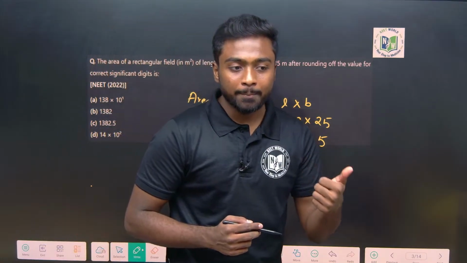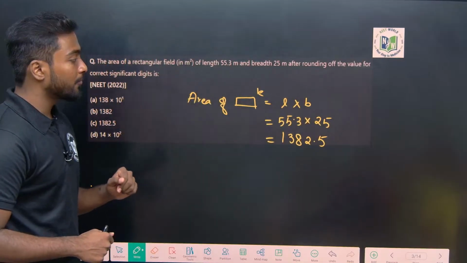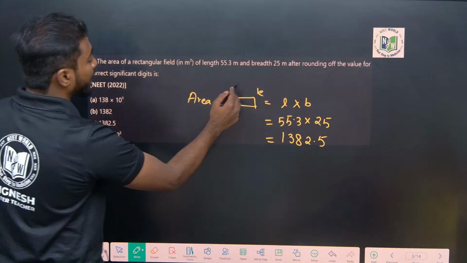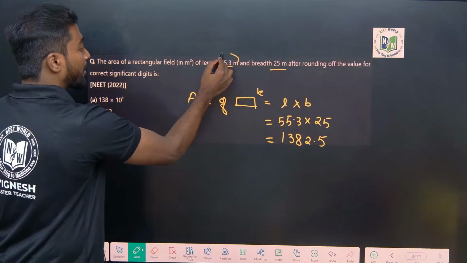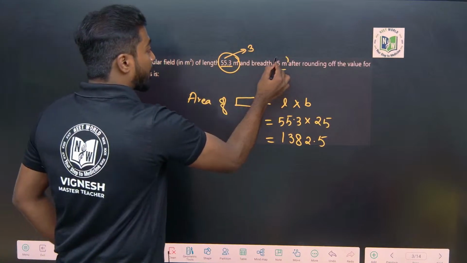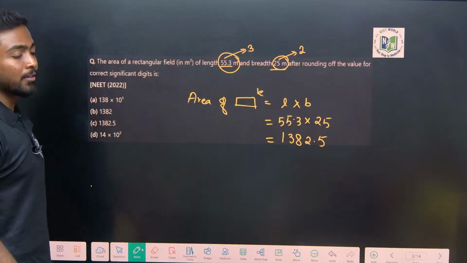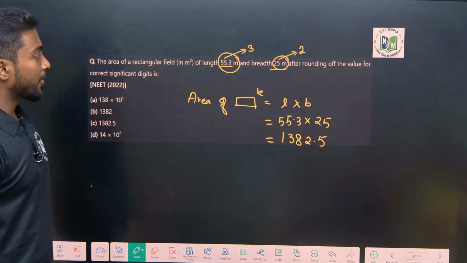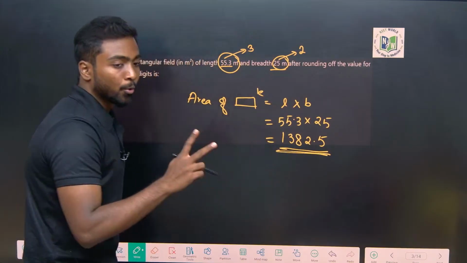When we are multiplying or dividing, we should see the least significant figures. For 55.3 the significant number is 3. For 25 the significant number is 2. Which is the least significant here? 25, that is 2. So I need to round it off to 2 significant figures, right?